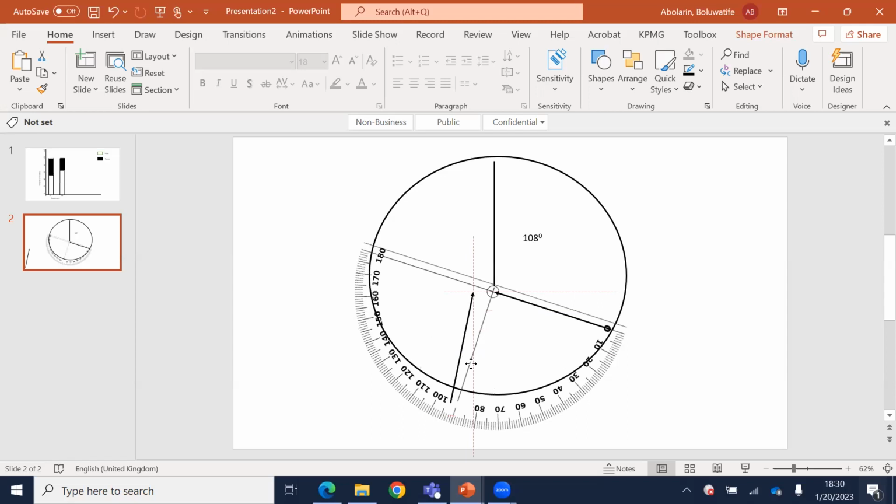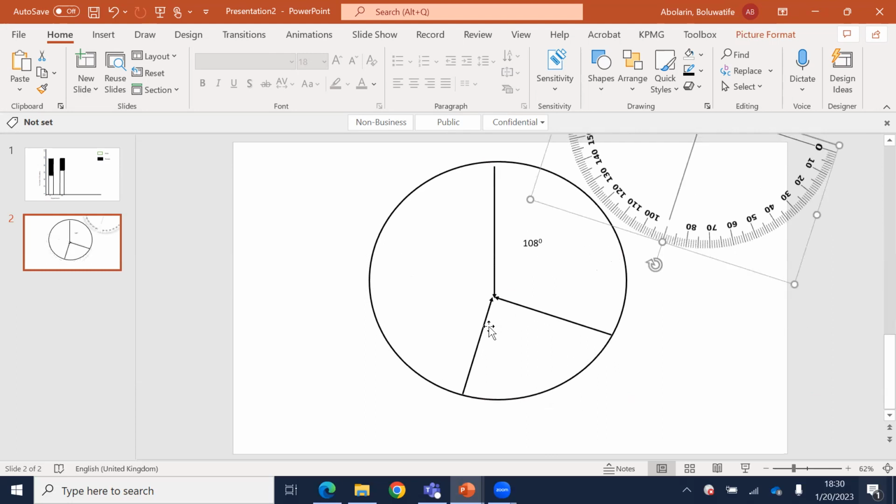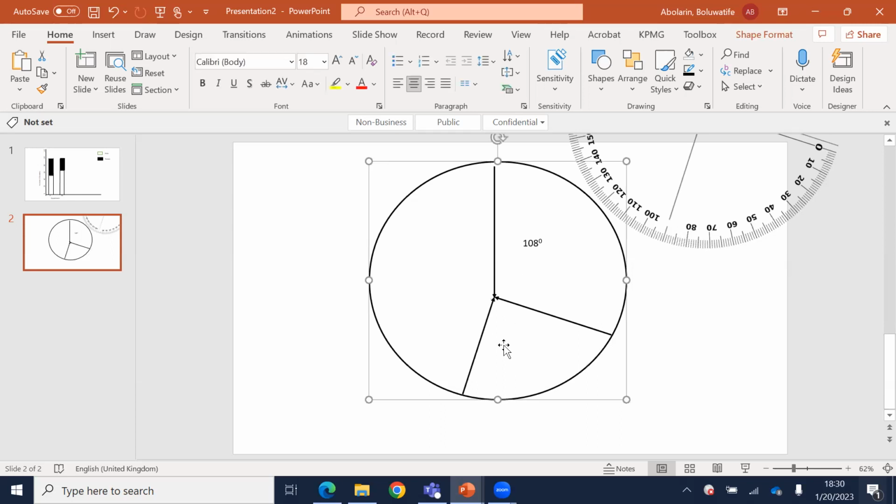So we're going to bring our arrow. So this is 90 degrees.